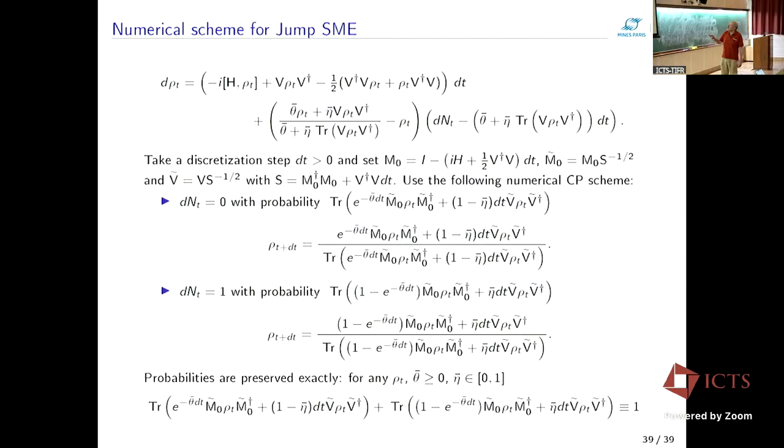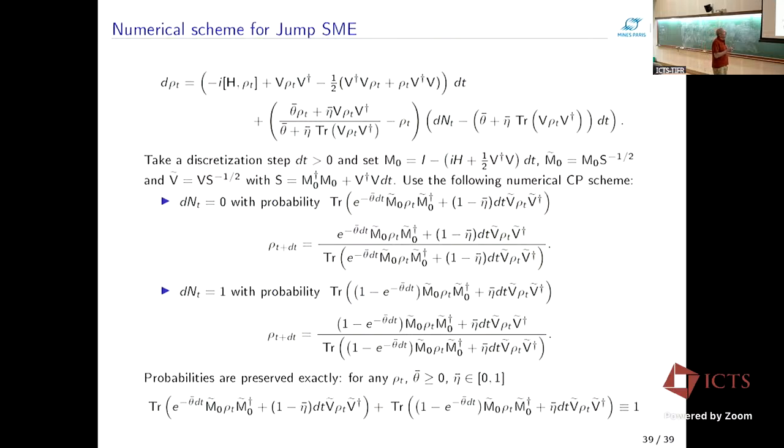You only take this. And then what you do is something like this. If you want to take any dt, any theta bar positive, and any eta between 0 and 1, you have something which is, in fact, an exact formulation.